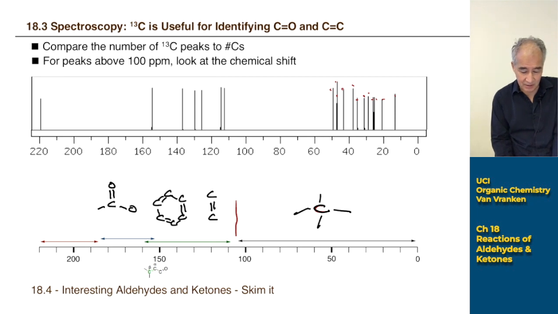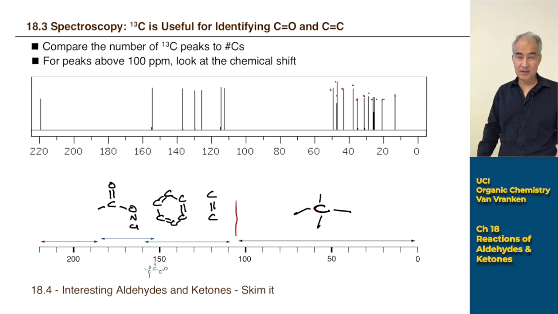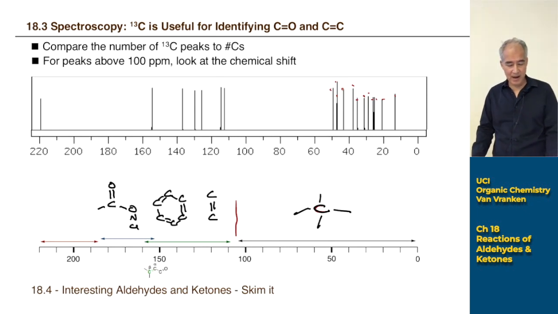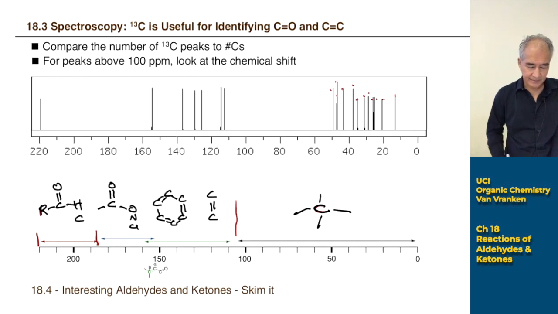That could be oxygen, nitrogen, chlorine: acid chlorides, amides, carboxylic acids, not ketones and not aldehydes, but attached to a heteroatom in this defined range. Finally, when I get out past about 185, that's aldehydes and ketones. They've got their own place in the carbon spectrum, and that's pretty easy to use.